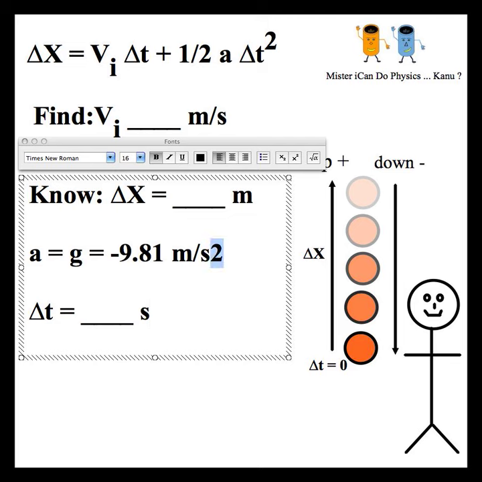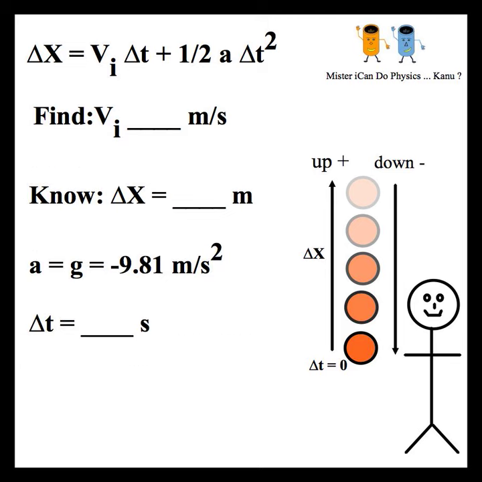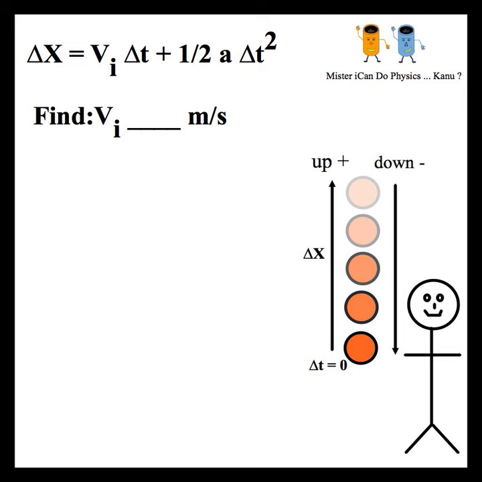Okay, let's fix our squared here for a moment. Okay, we're going to find v sub i in meters per second when we know our delta x, or displacement, our acceleration, and our time. So the first thing we have to pay attention to is where is the variable that we're trying to solve for.